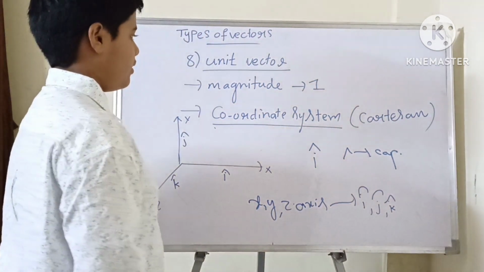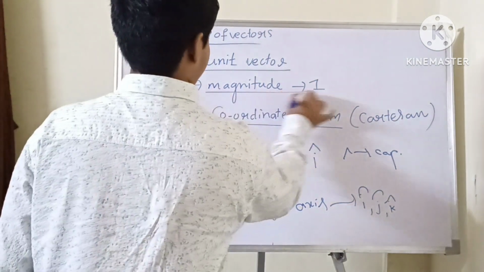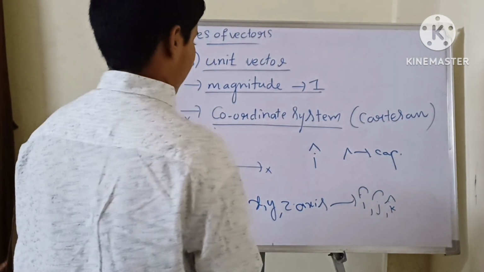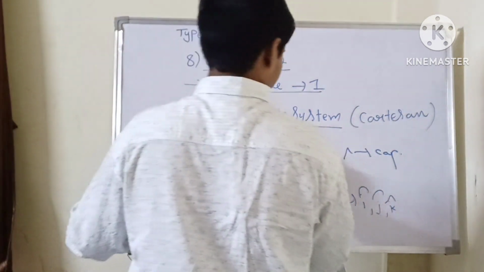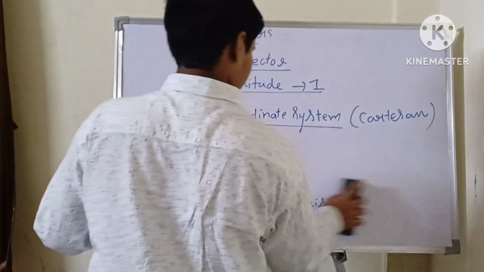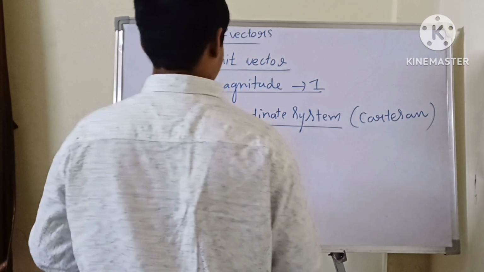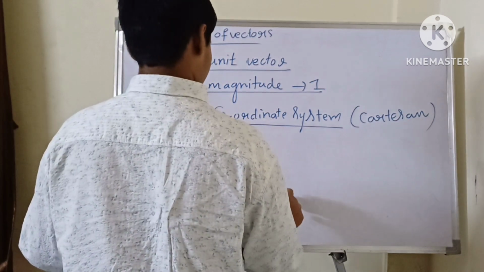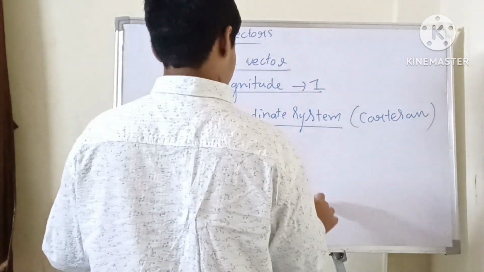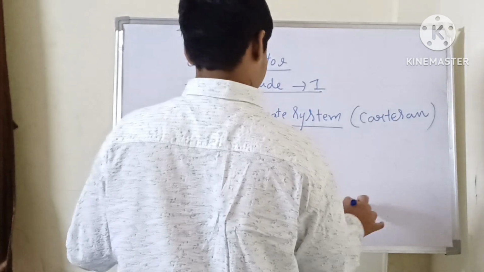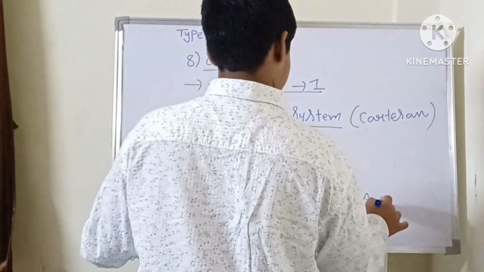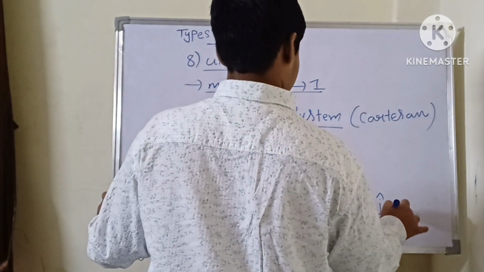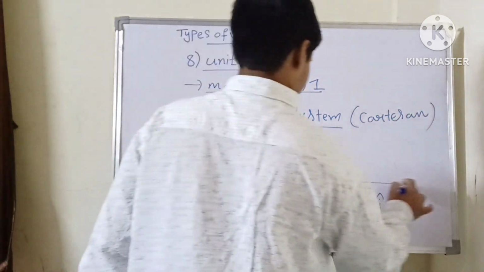So unit vector means magnitude 1, and in the coordinate system the x, y, z axes are i cap, j cap, k cap. Okay.